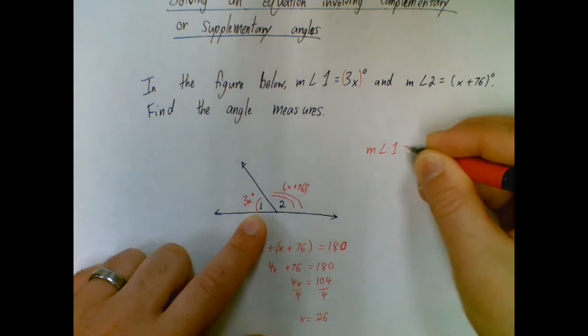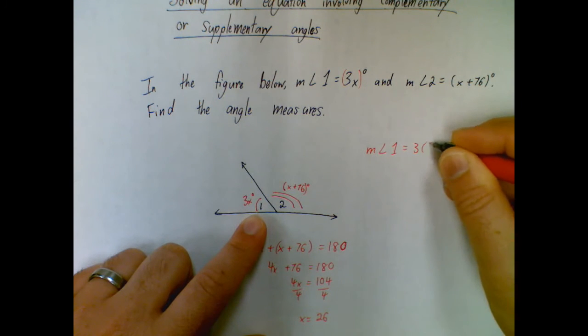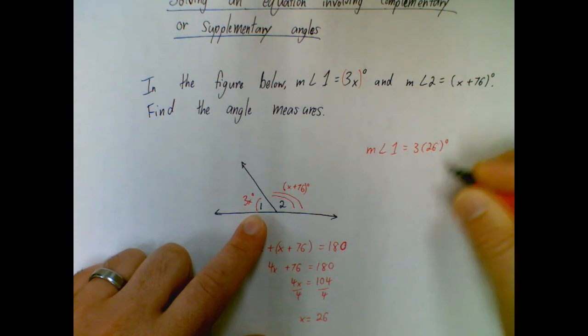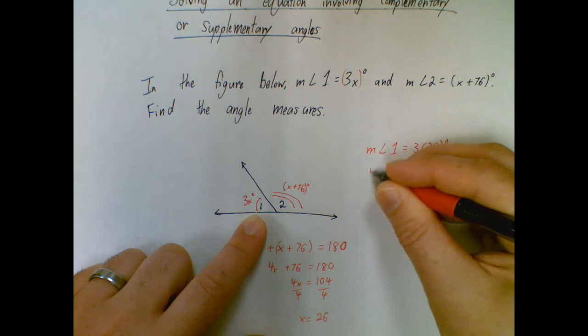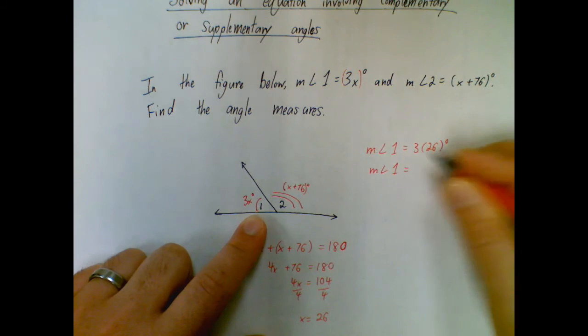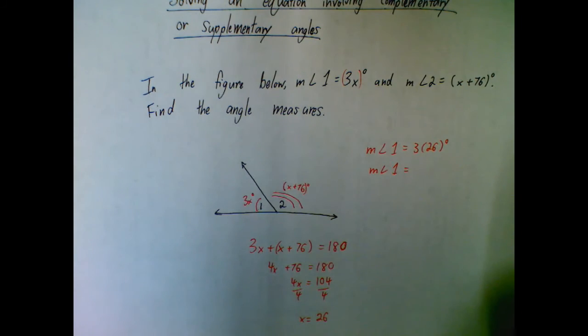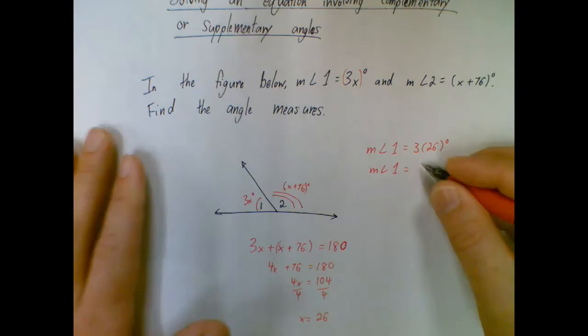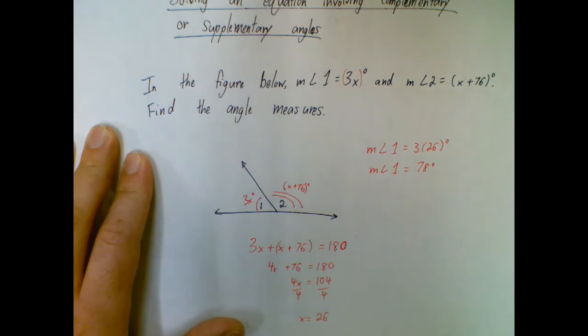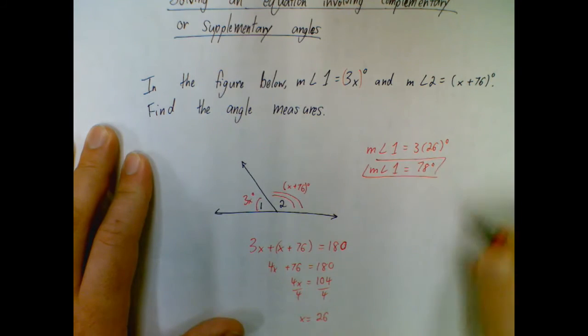Measure of angle 1 is 3 times 26 degrees. So just doing that quick multiplication, 78. Yeah, okay, just making sure I didn't mess that up. That is one of your answers.